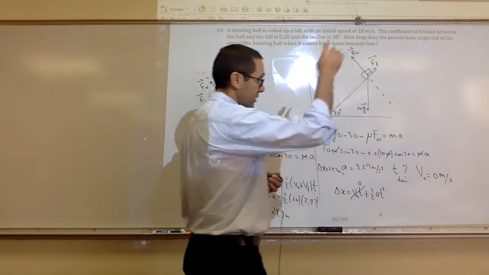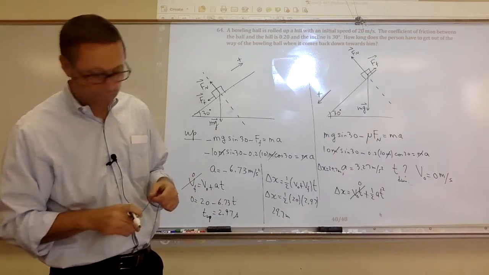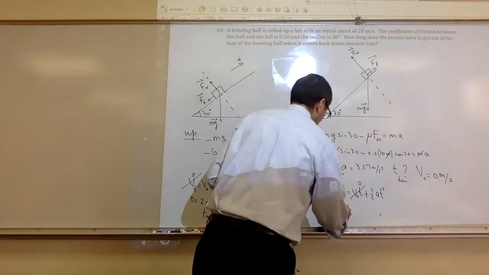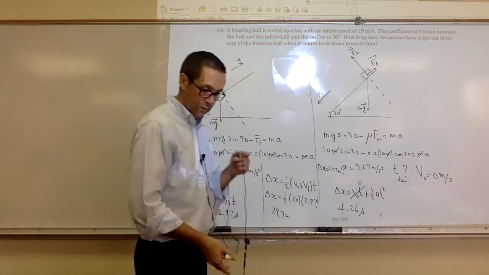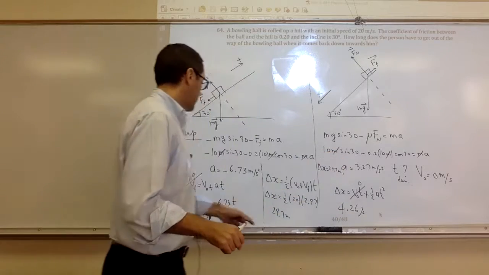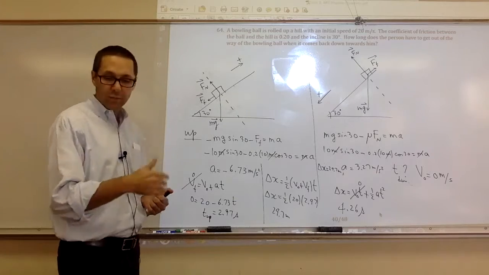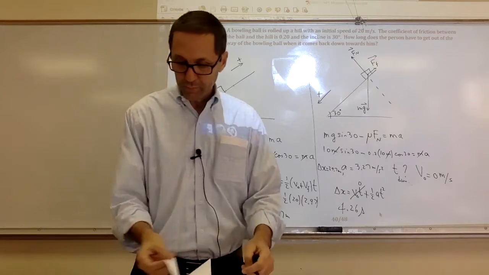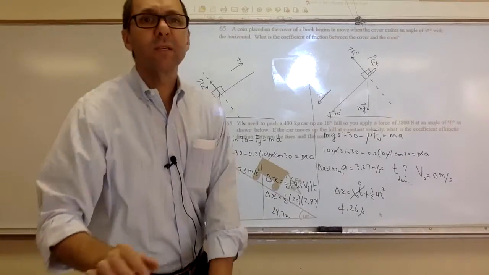You're looking at it from the top down, so you're starting from rest, and you can get your time to be 4.26 seconds. Because now you're accelerating at a lower rate than you were decelerating before, so it's going to take longer to come down.